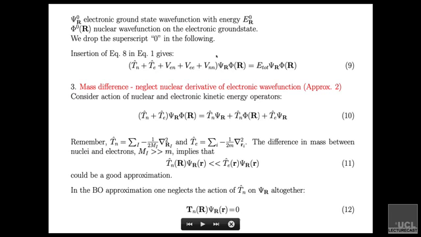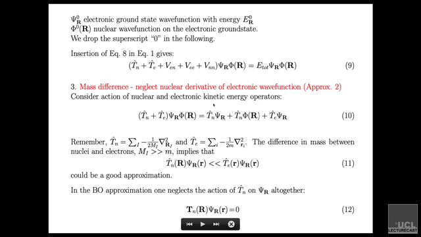Then you just get this equation 9. So we have done nothing else than just inserting the single product into the Schrödinger equation. Now, third, and this is the second approximation, we look at the mass difference. We consider now the action of these kinetic energy operators here on that single product.